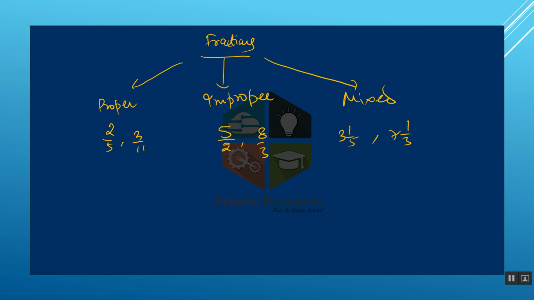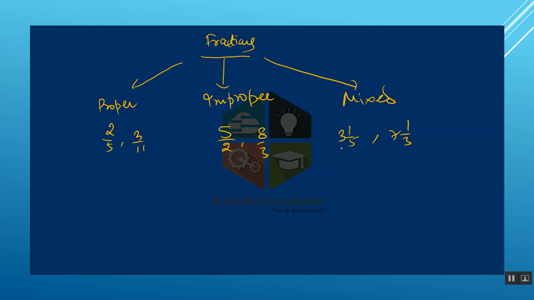What if numerator is equal to denominator? That will also be improper, but actually that is not a fraction, it is represented as a fraction. For example, 5 by 5 is actually 1 and not a fraction. That will fall in the improper category.